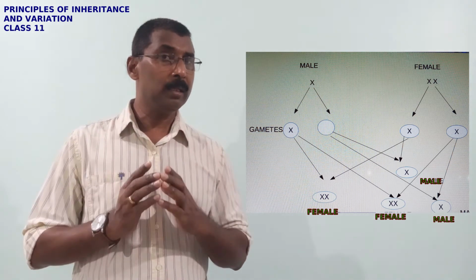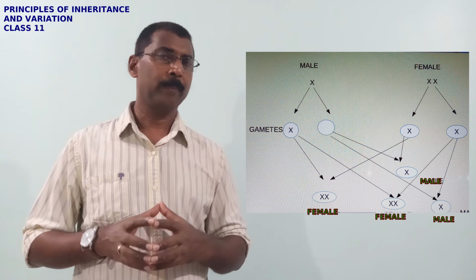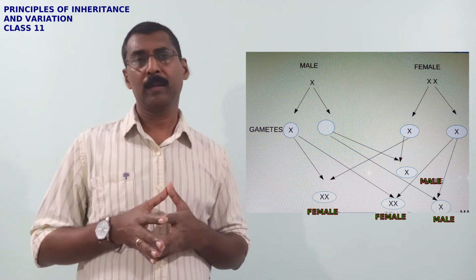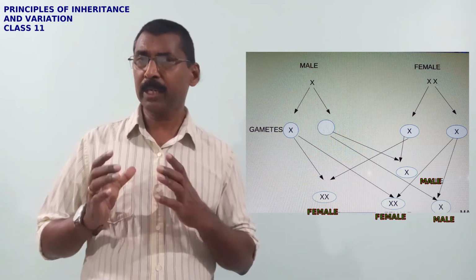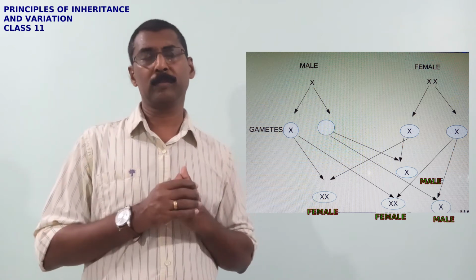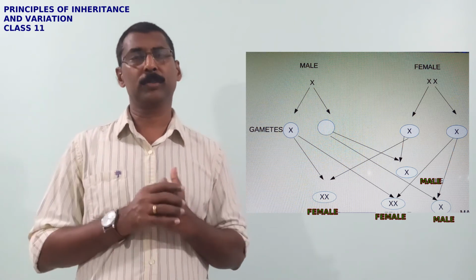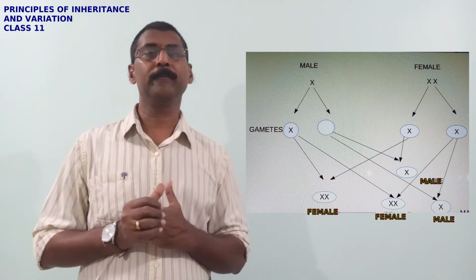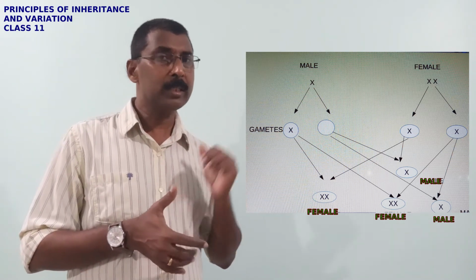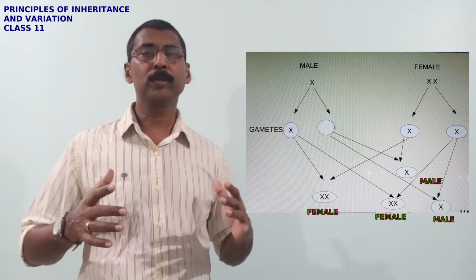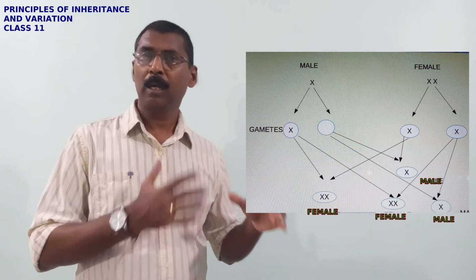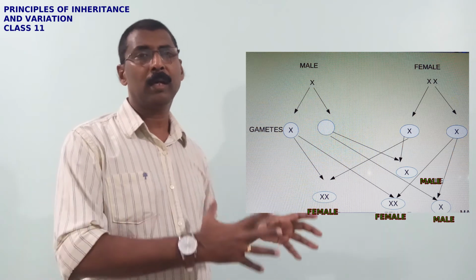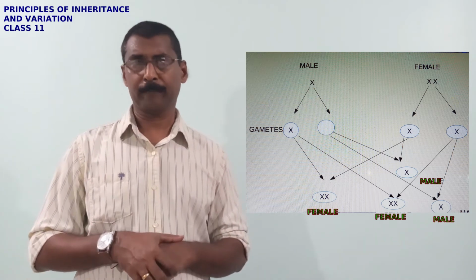So, female insects are homogametic. They produce same type of eggs with X chromosome, same type of ova with X chromosome. All the ova produced would be with X chromosome. Males are heterogametic. They produce two types of sperms, half with X chromosome and half without X chromosome.